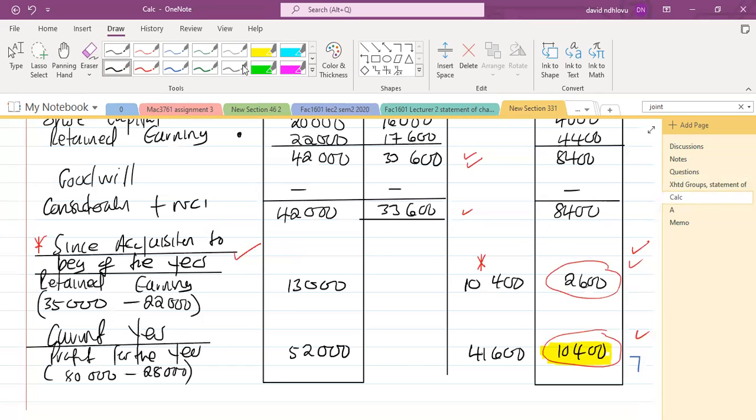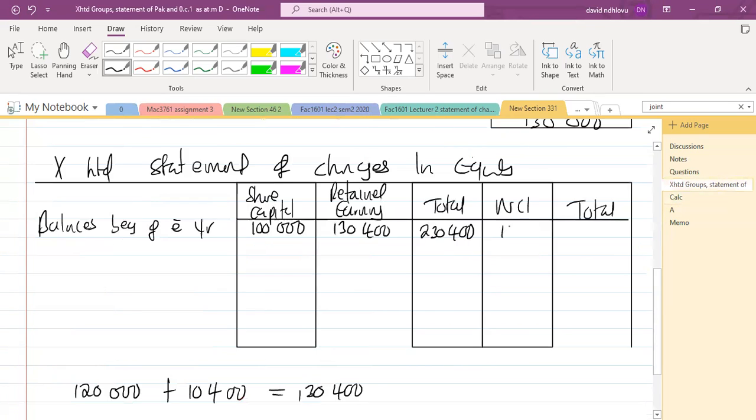So we were supposed to add here. We get 11,000. Right, this was the value at the beginning of the year of NCI. So we just come and punch that figure. So that we say 230,400 plus an amount of 11,000, we are going to get a value of 241,400.